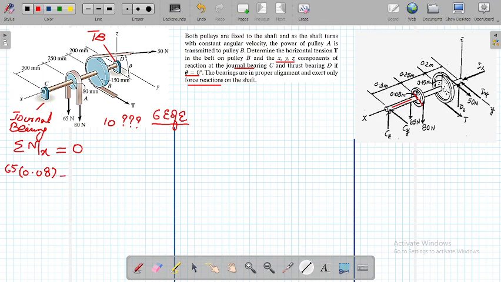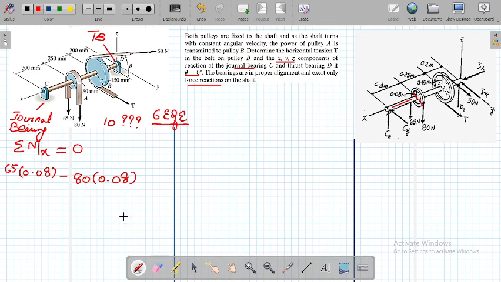So you will write minus 80 into 0.08. 0.08 is the radius.